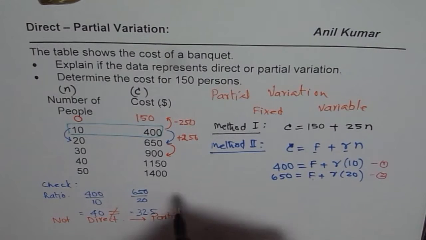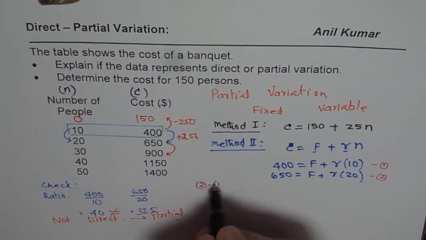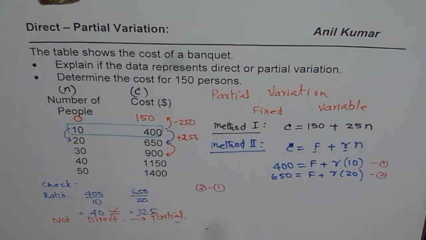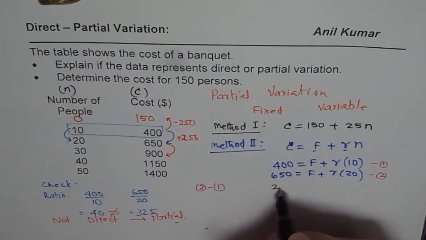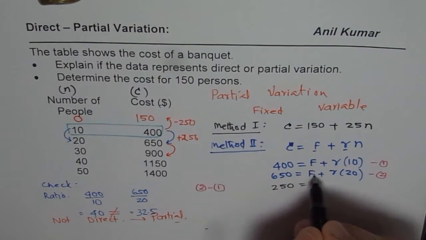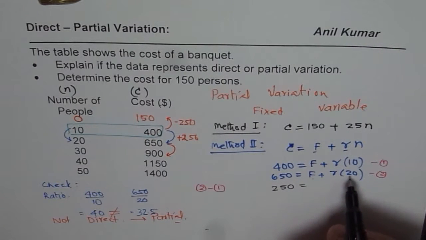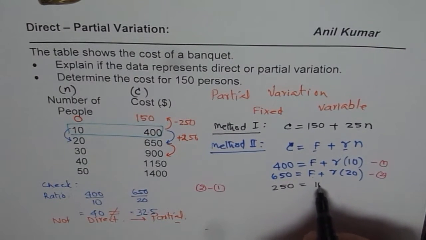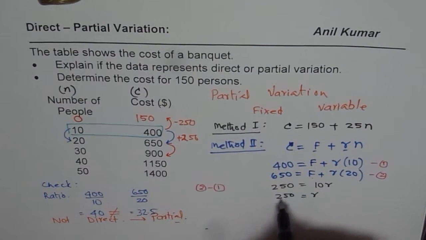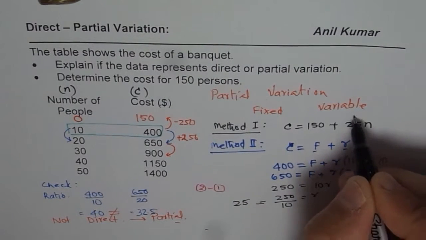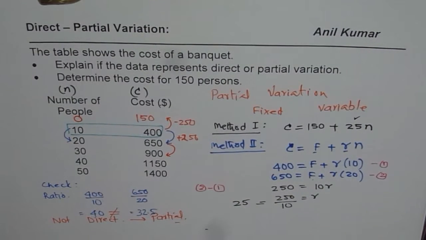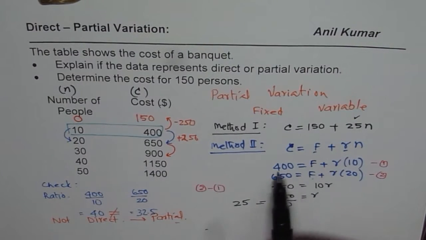If I do equation 2 minus equation 1, then 650 minus 400 is 250. F minus F, the fixed cost cancels out. 20R minus 10R is 10R. Solving, we get R equals 250 over 10, which is indeed 25, as we found earlier.